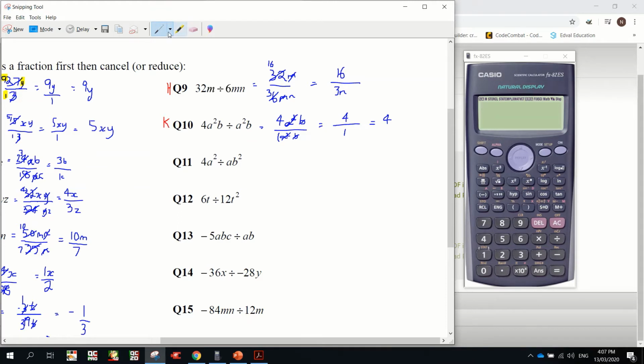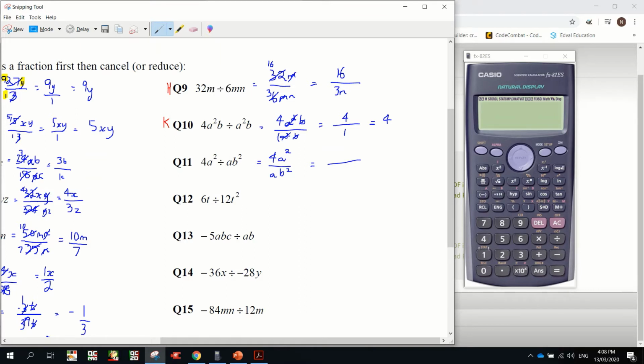All right, question 11. 4a squared over ab squared equals... okay, can't cancel out the numbers, there's only the number in the top.